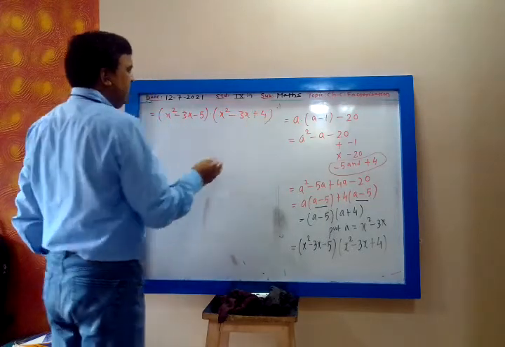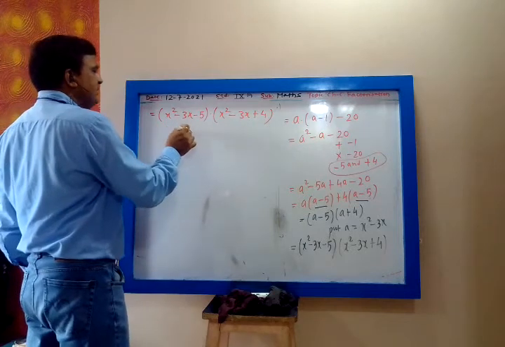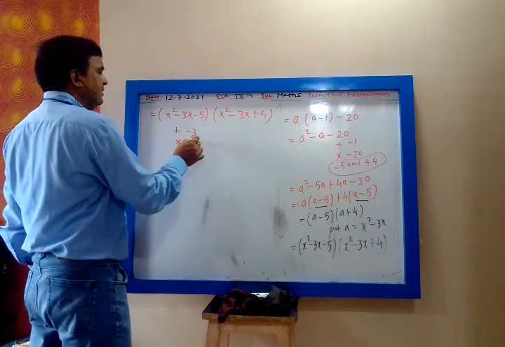Now find two numbers whose sum is minus 3 and product is minus 5.